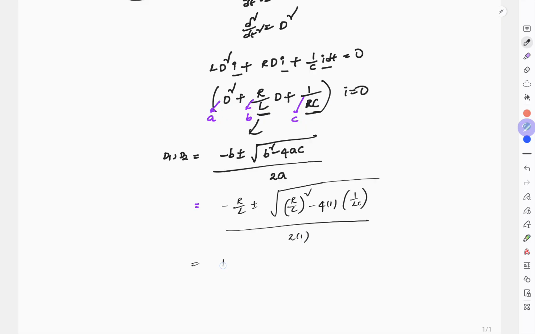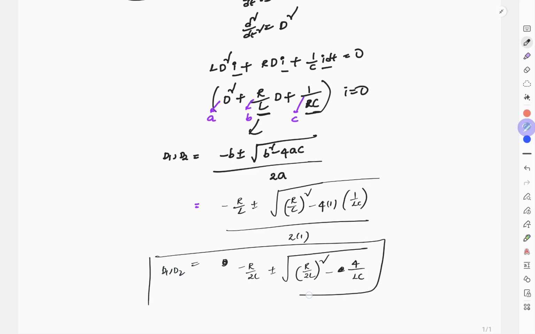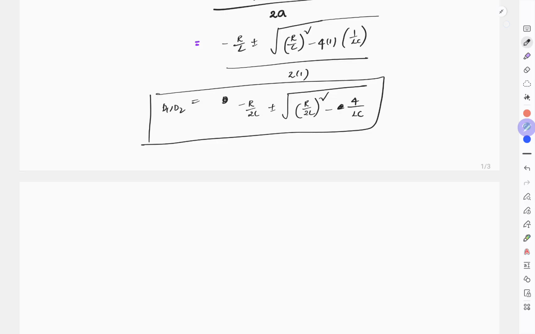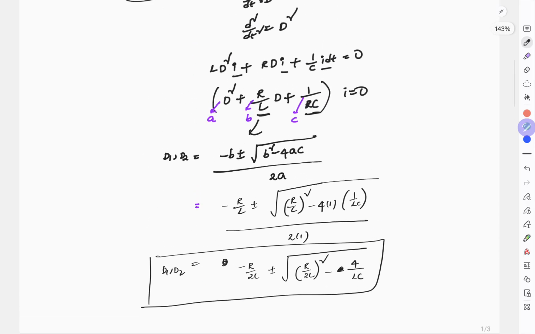If you take 2 upside, minus R by 2L plus or minus root of R by 2L whole square minus 1 by LC. This is the final expression. Understood? This is the proof.